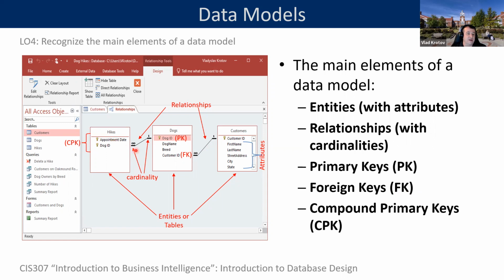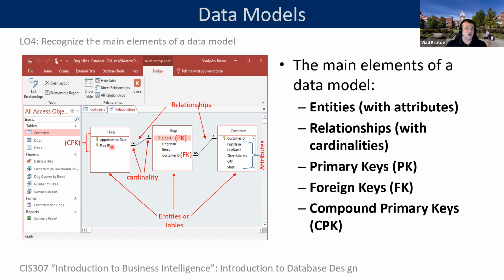It's a complex key. So in our case, we have hikes, which is a table or an entity that contains a compound primary key. The reason it's a compound primary key is that it has two parts. It has two attributes comprising that primary key: appointment date and dog ID. Now, maybe this example sounds a bit artificial, but I hope you see why it makes sense to have a compound key. You cannot just use appointment date, because on one appointment date, you can have multiple dogs, right?